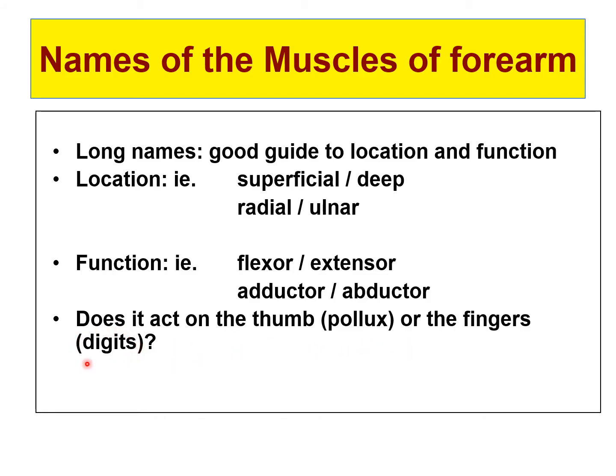If we have the term digits or digitalis, it is related to the digits of the hand or foot, and in the same way, if it has pollicis or the term pollex, it is going towards the thumb. They can guide us towards their attachment or their location.